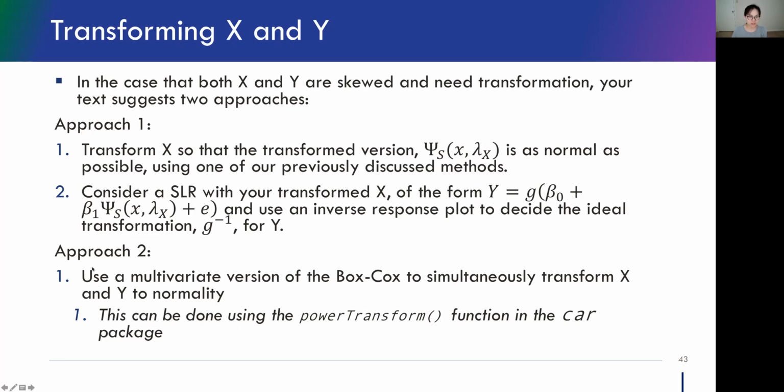A second approach you can take is to do a multivariate version of BothXY to simultaneously transform X and Y to normal distribution. And again, you can use the power transform function in the car package in R.